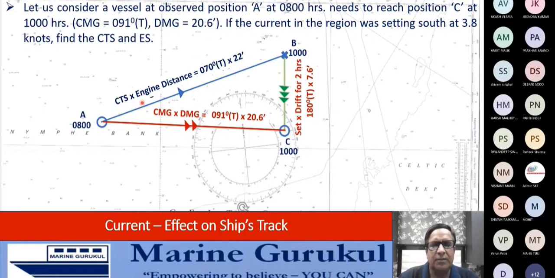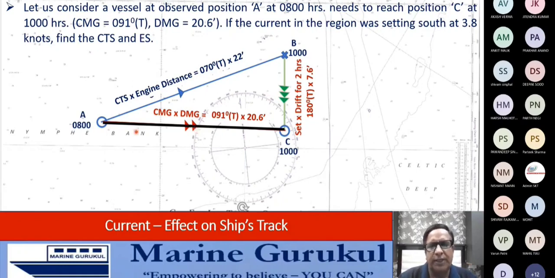So basically everything is same. So we could consider this in the reverse order to what we had earlier done. Now vessel wants to reach from A to C, highlighted by this black line, and this is your track over the ground or the CMG and the DMG vector represented by 2 arrows. Now she experiences current setting south at 3.8 knots.